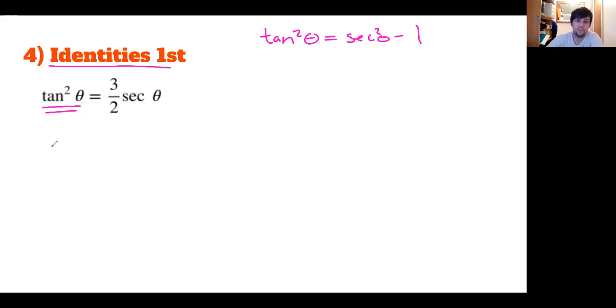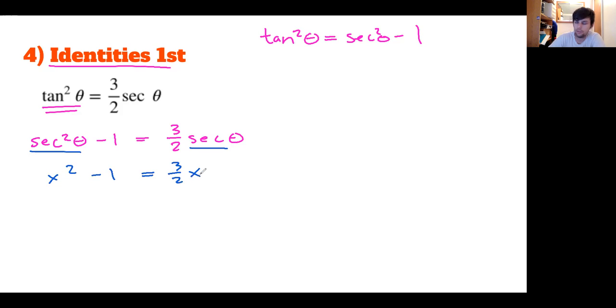So I can replace tangent squared with secant squared minus 1. And then again, I just really like to get it in an algebraic form as soon as possible. So replacing my singular trig function here with x. So I end up with x squared minus 1 equals 3 over 2x.